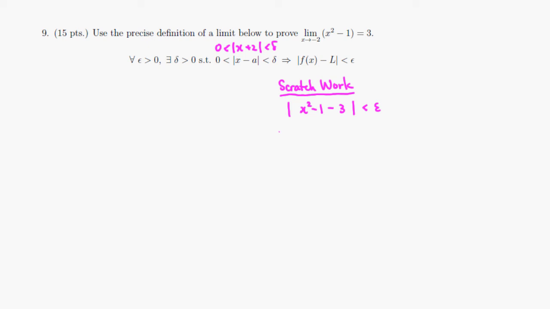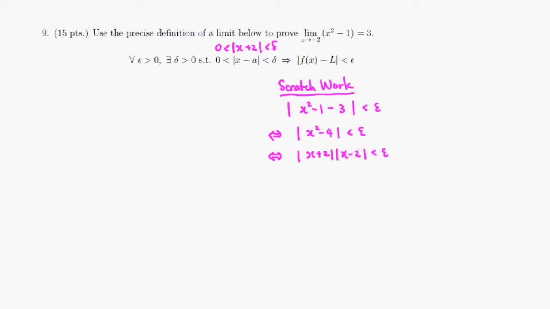All right, so let's simplify this. Negative 1 minus 3 would be, so we have the absolute value of x squared minus 4 is less than epsilon. Then we can factor this out as the absolute value of x plus 2 times x minus 2 is less than epsilon.